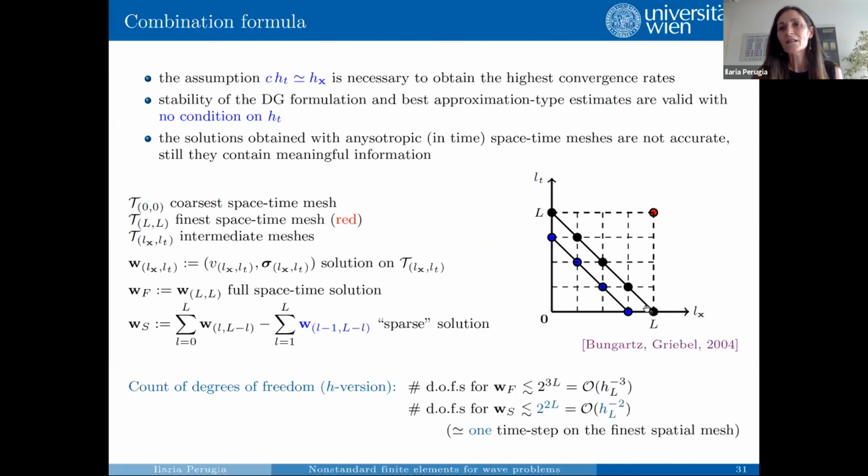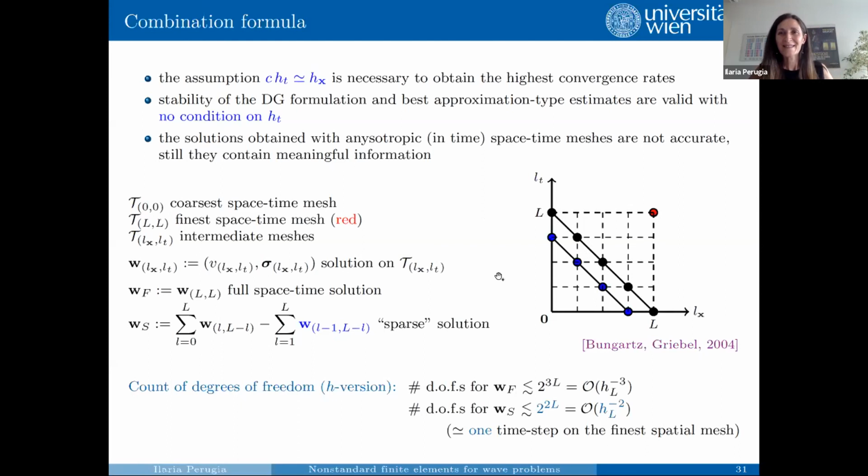Basically here, this solution is obtained with a mesh which is very fine in space, but very coarse in time. And here it's the same, and similarly for the blue ones. So instead of computing this red solution in the fine space and time mesh, I compute these intermediate solutions, and then I add together what I obtain corresponding to the black cases, and I subtract what I obtained in the blue cases.